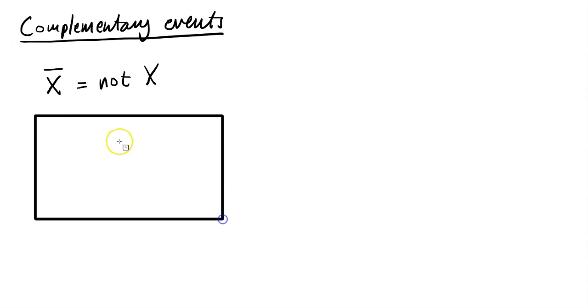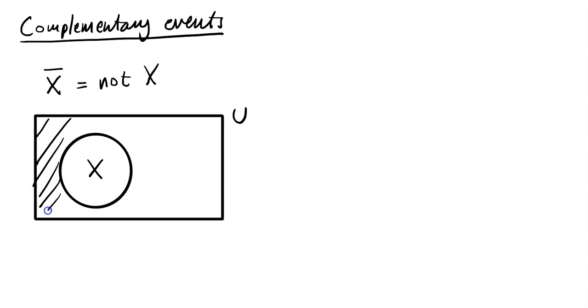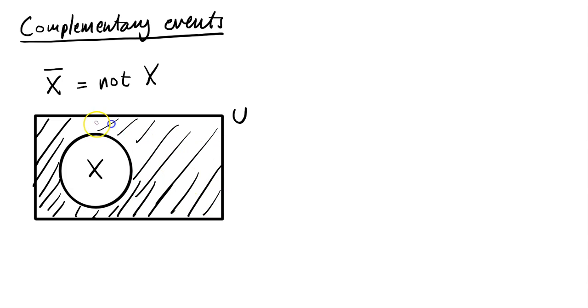We can draw a Venn diagram. For example, if I have the event x here and the universe of events here, then the complement is everything that's remaining. So that means that we end up outside x. So this is the complementary event of x.